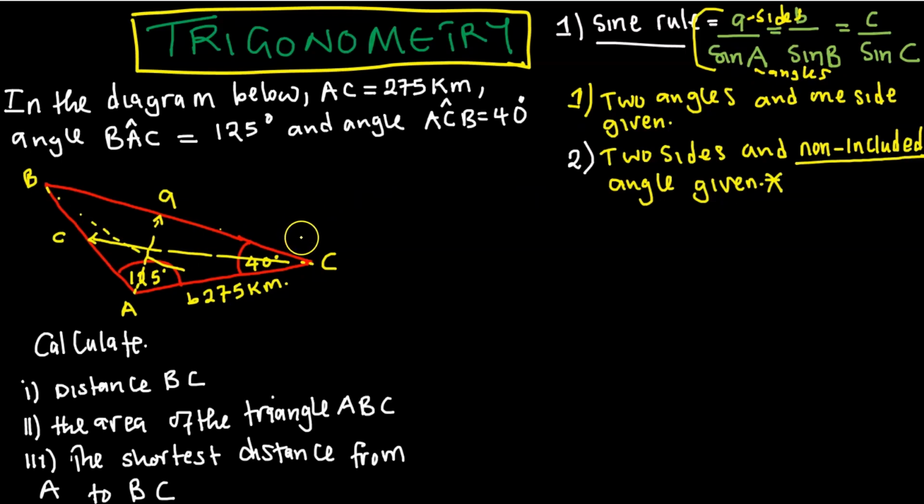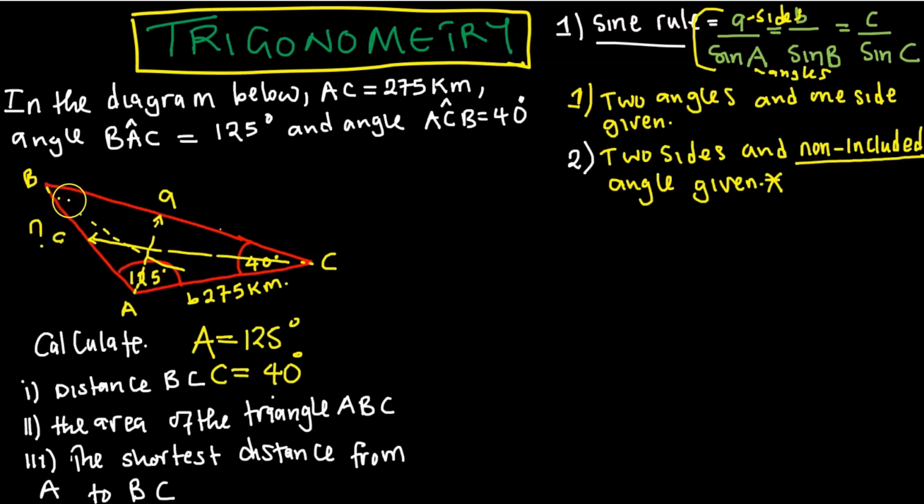Now what about the angles? The capital letters are angles. So for A, the angle is 125 degrees. Then for C, the angle is 40 degrees. But small letter c is not given, it is this side.